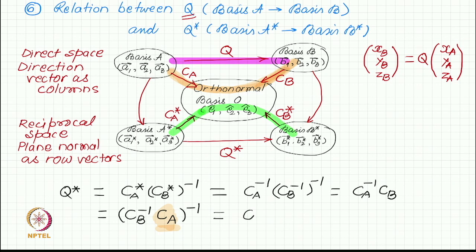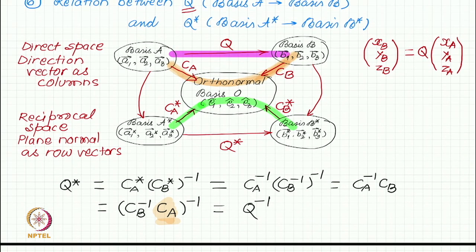So, I can write this simply as Q. C B inverse C A is Q, so Q inverse. Yet another verification that the reciprocal space name is fully justified.